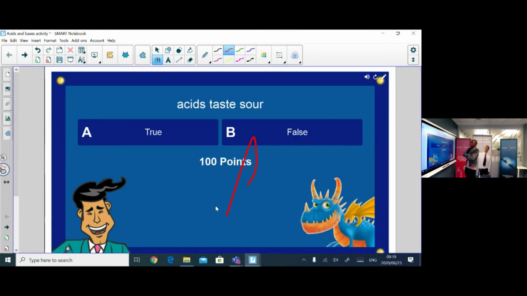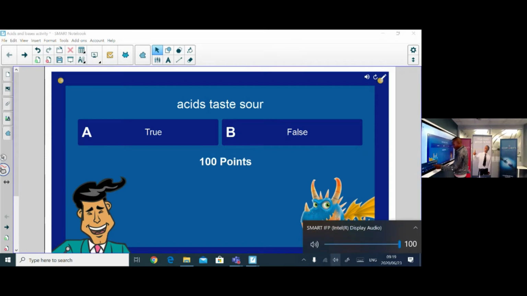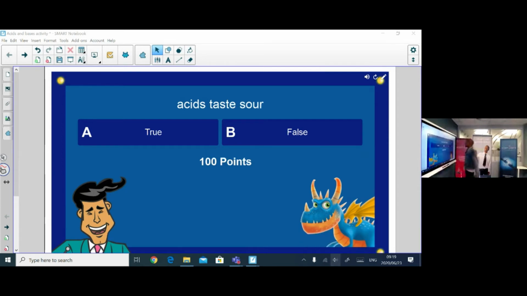So acids. Acids, do they taste sour? True or false?